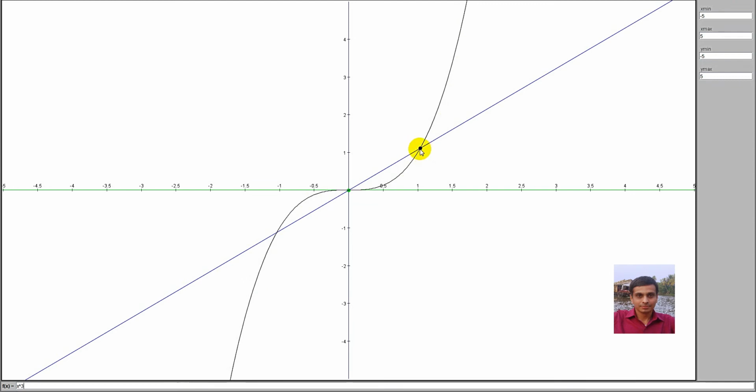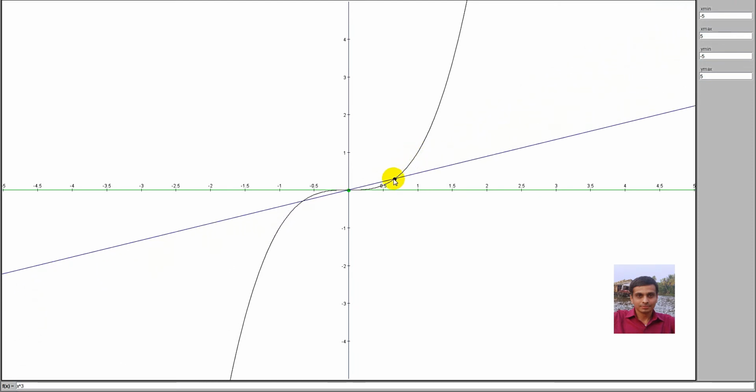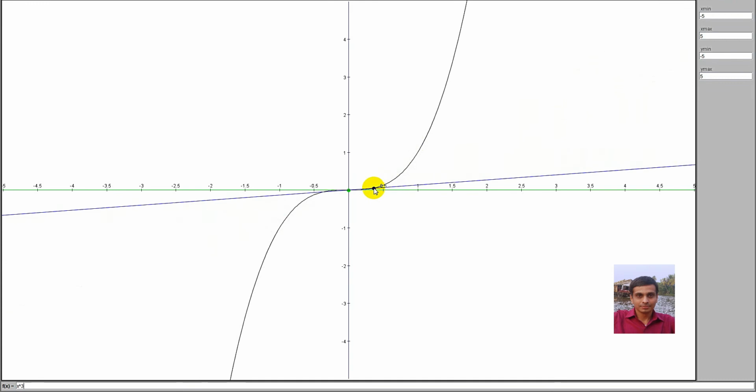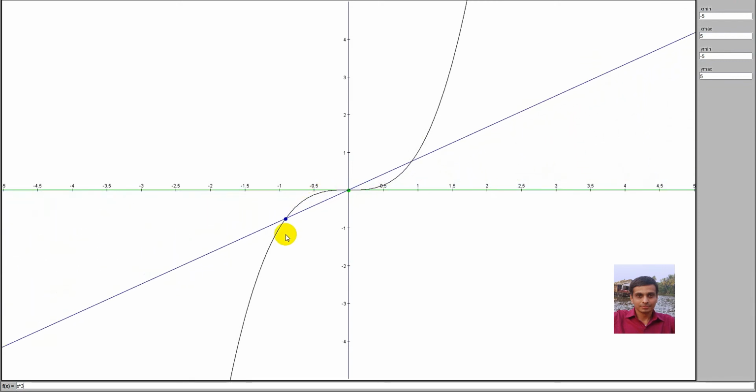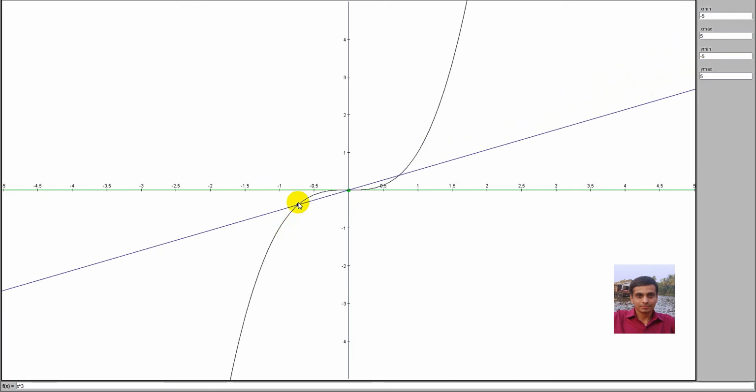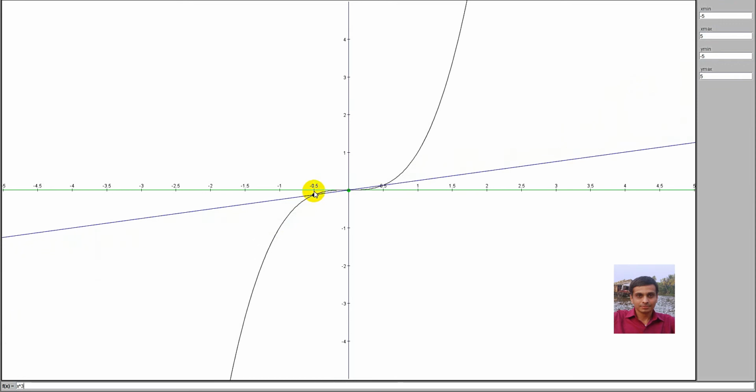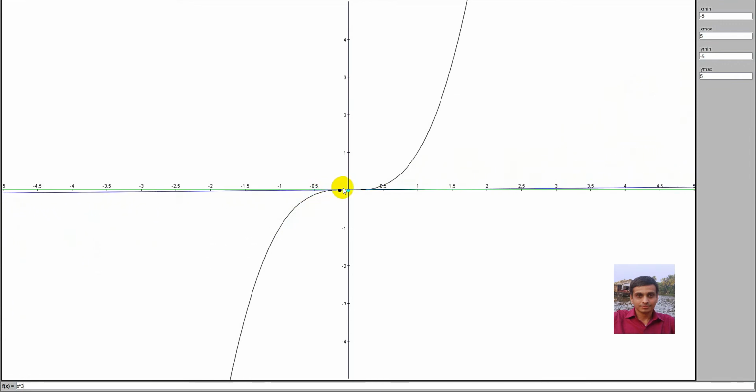For example, I am trying to achieve the limiting position of the secant line for the function x cube, and without any trouble I could achieve this from the right hand side. Let me try this time from the left hand side. And yes, there is no trouble in achieving the limiting position. At this point, these two lines coincide, so the secant line becomes a tangent line.